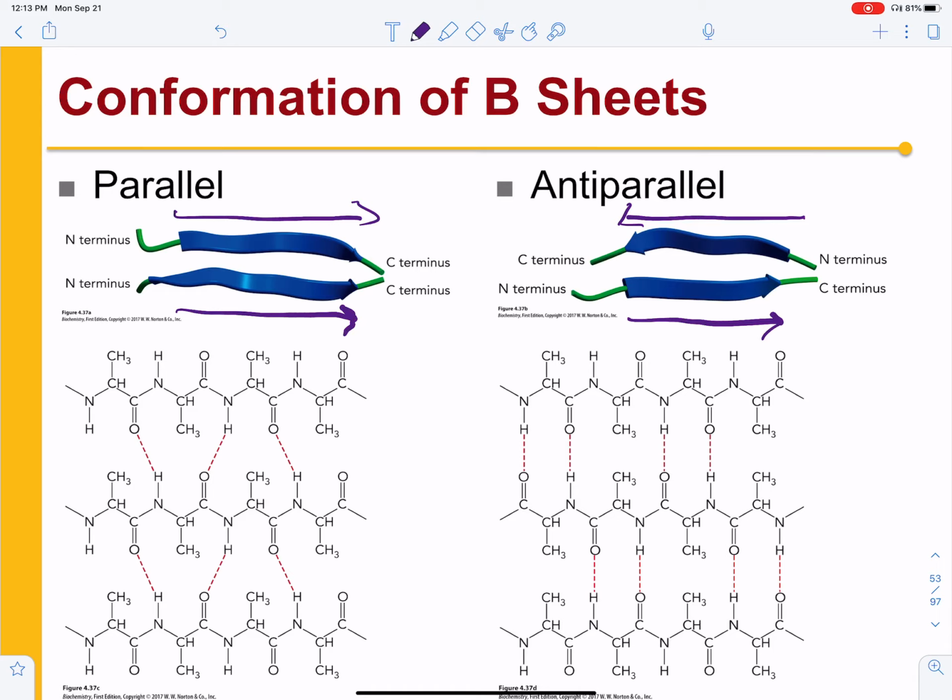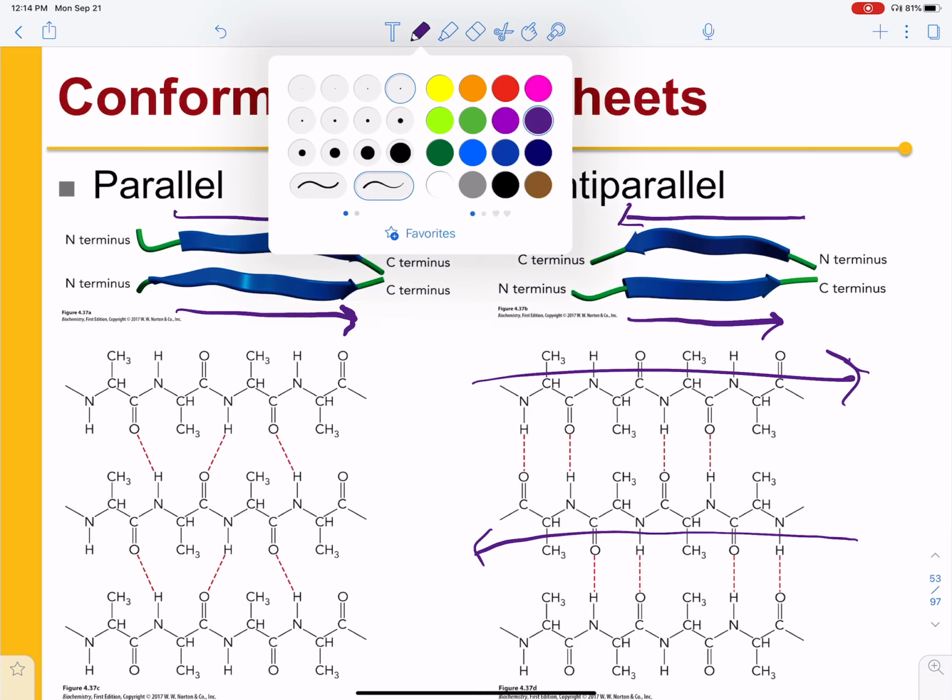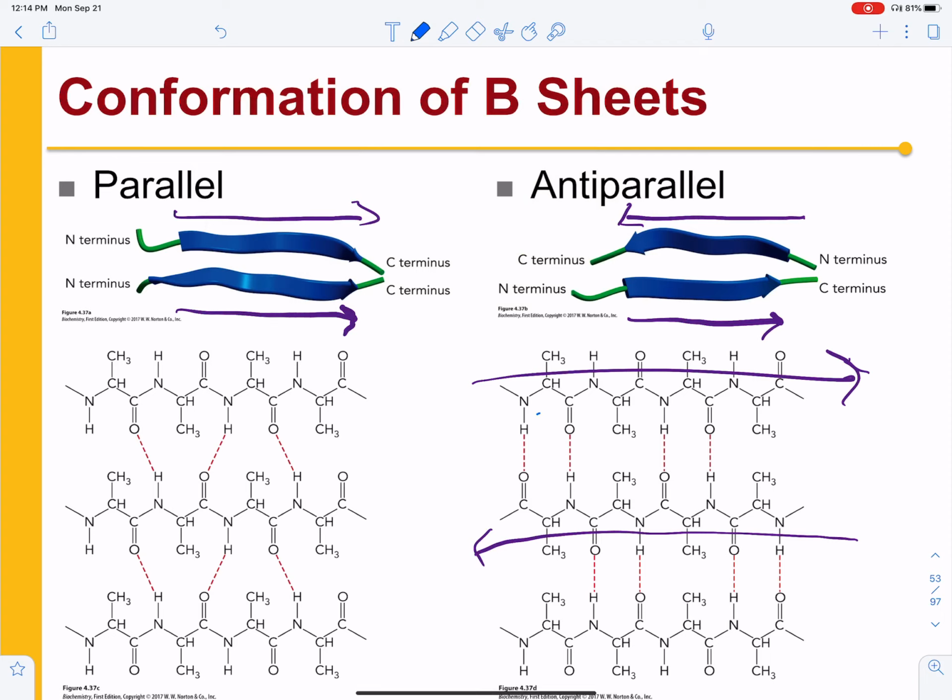Here you have a beta sheet that's going in this direction, and then here it's going in this direction. Note that in an anti-parallel construction, the hydrogen bonds go through in a straight line through the peptide bonds of the amino acids.